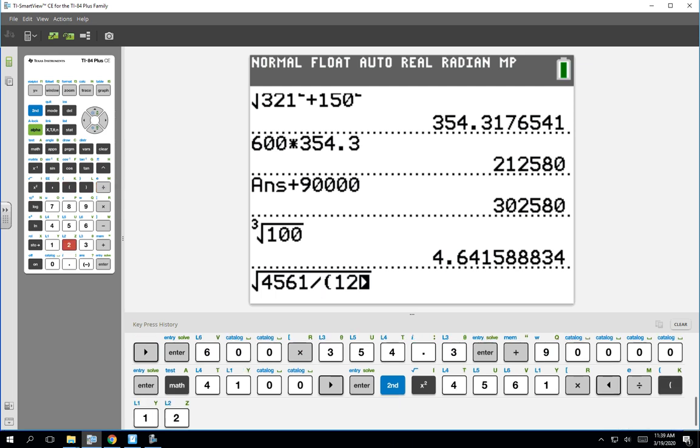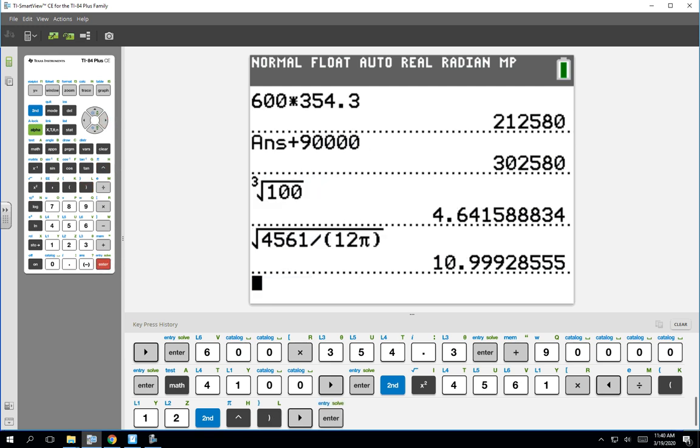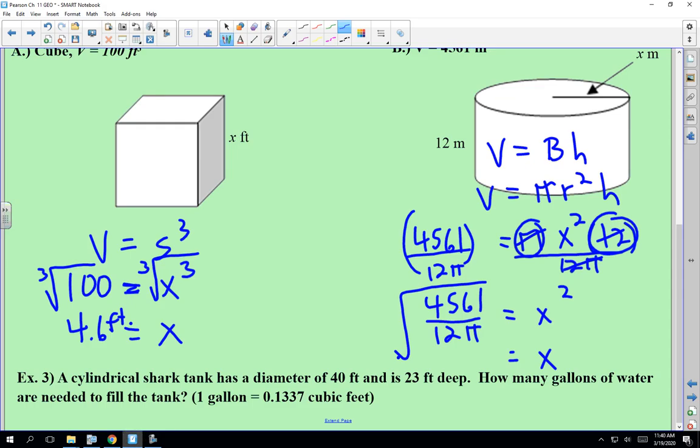If you don't put it in parentheses, the calculator will think you want to divide by 12 and then multiply by pi, according to the order of operations, and that's not what we mean. We want all of the 12 and the pi to be on the bottom. Enter, and we get about 11. All right. So x is equal to about 11 meters.